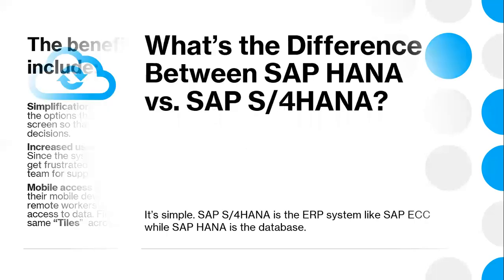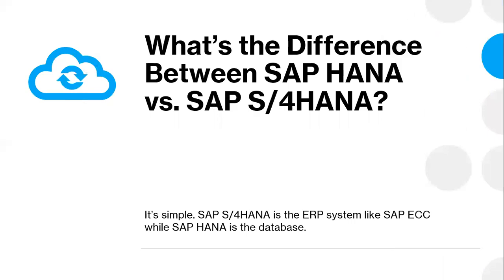So what's the difference between HANA and S4HANA? It's simple: S4HANA is the ERP system like ECC, while SAP HANA is a database. HANA is the database that most users will not see.